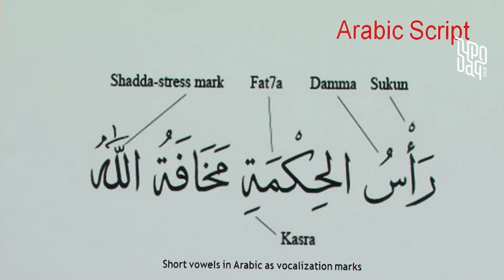We have only four vowels: Fatha, Damma, Kasra, and the vowels are added as diacritic marks over the letters. So this is called damma, fatha, sukun, and those are the 4 basic diacritic marks.